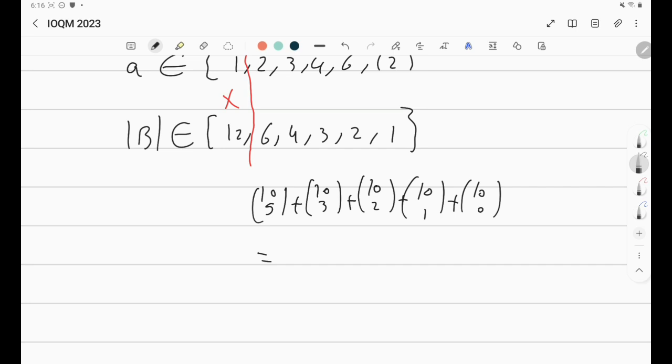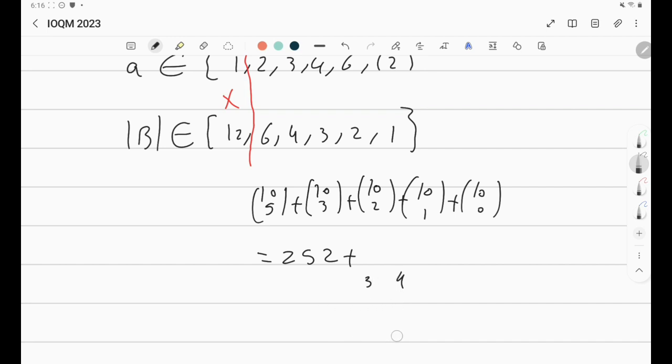Of course now you can just calculate these. 10 choose 5 is 252. 10 choose 3 is, let me just check something, divided by 6. From here this is 4, this is 3. 3 times 4, 12.